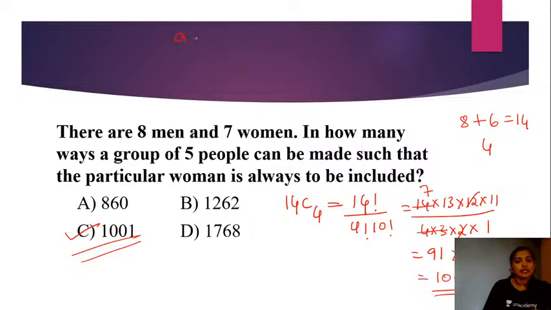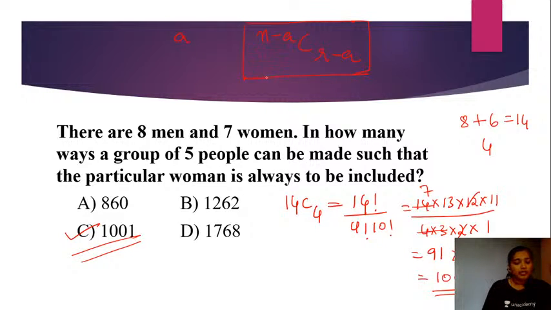So suppose A people are always included, or A things are always included while you're making a particular combination, then the required answer would be (n minus A)C(r minus A). Okay, so these are the special cases, so do remember them.